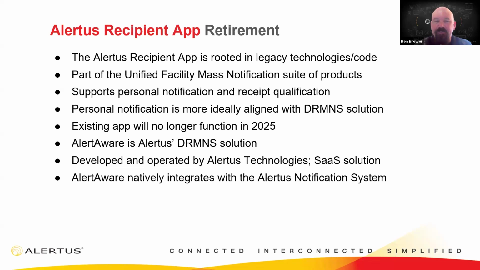But AlertAware is fully developed and operated by Alertus Technologies, and it is a SaaS solution. It's actually hosted within the same AWS cloud, AWS East, that the current Alertus Mobile Gateway is hosted in. And one of the biggest strengths in this is that for the better part of the 2 years that the product has been live, it does enjoy a very robust two-way native integration with the Alertus notification system.